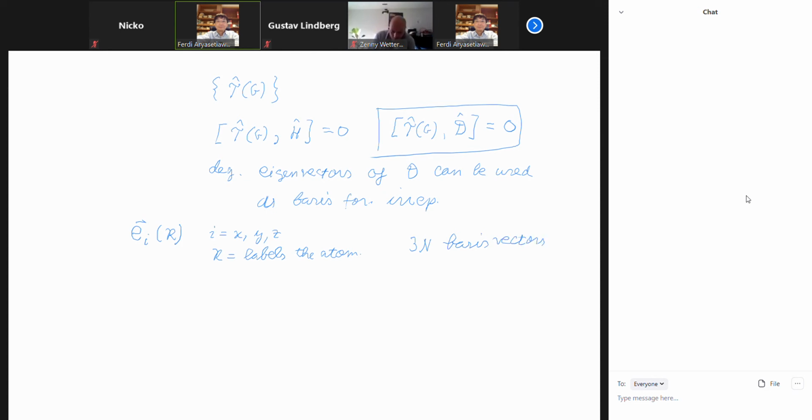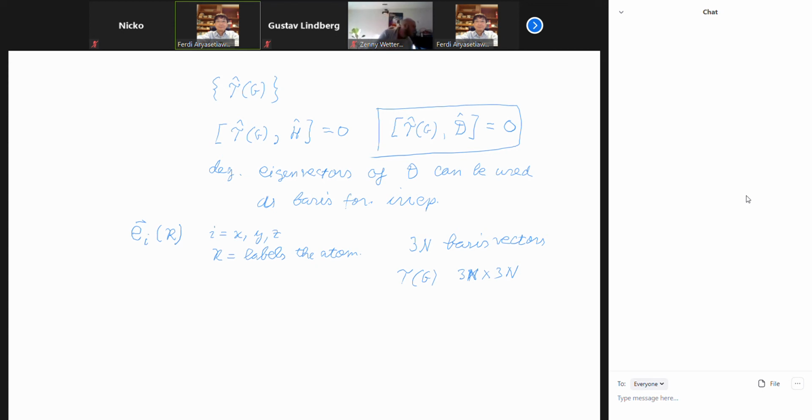So the representation for the symmetry group is a 3n by 3n matrix, because we have 3n basis vectors. Our goal is then to decompose this representation into the irreducible representations of the group.